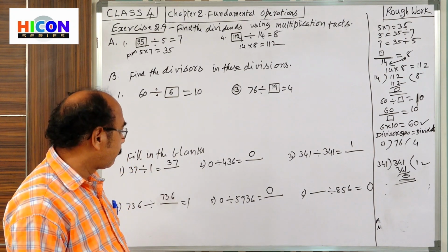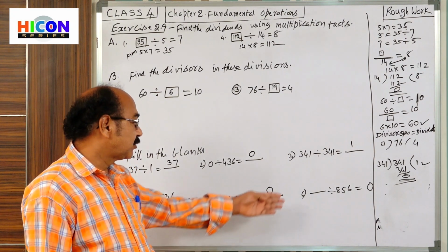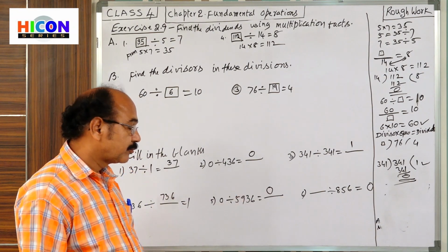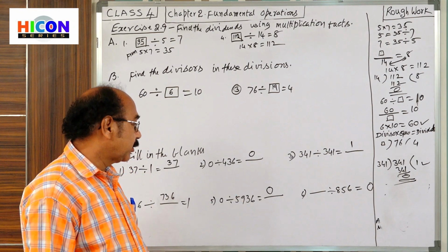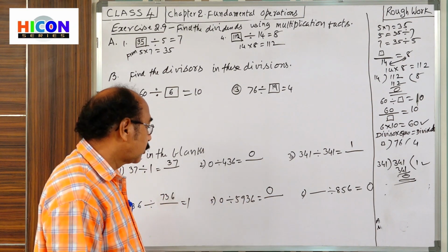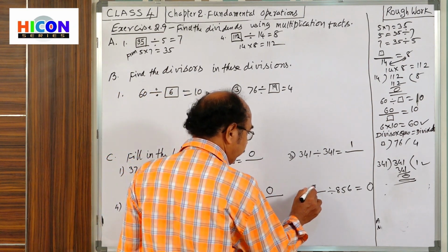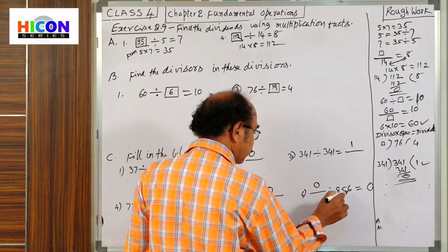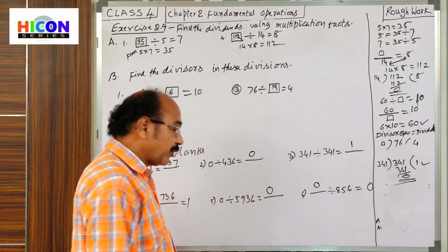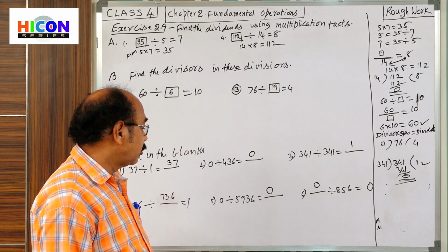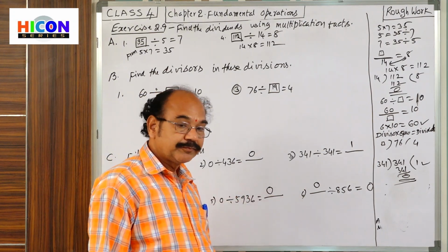Look here. Now, this one. Here 0 divided by 856 is equal to 0. 0 by something is equal to 0.